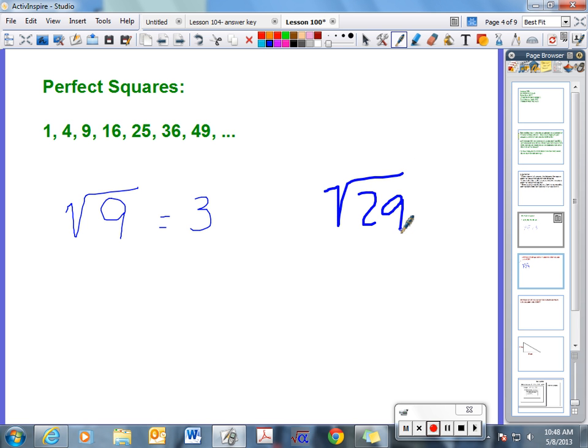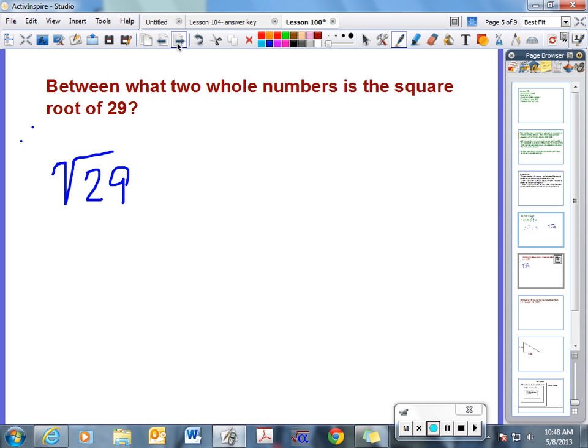That's going to fall somewhere between these two numbers. 29 falls between 25 and 36. Well, you got to think, what is the square root of 25? What is the square root of 36? And that would mean that the square root of 29 would fall somewhere between 5 and 6.